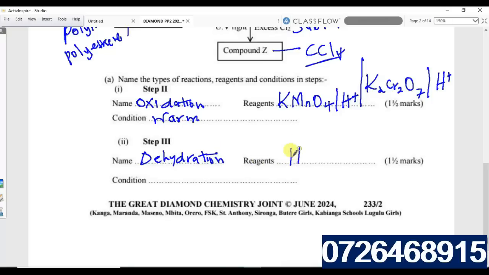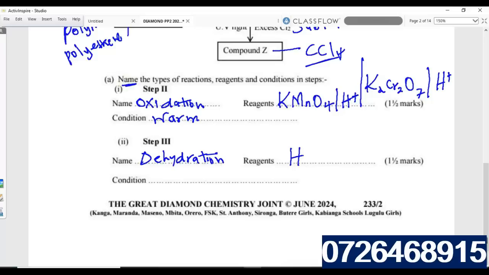You can simply write sulfuric acid, but you are told to name the reagents, so please don't write the chemical formula. It is important you write acidified potassium manganate 7, because that is the name.